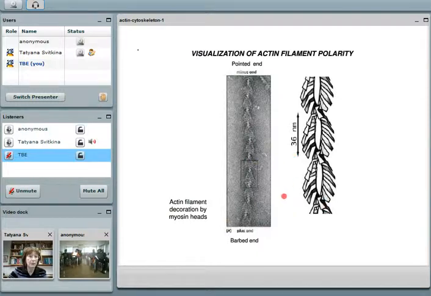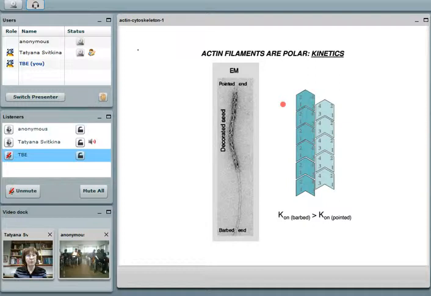And because of this morphology, these ends are called barbed end and pointed end for this arrowhead shape. So this is the structural polarity of actin. But in fact, there is also kinetic polarity. And this can be seen using this arrowhead-decorated actin filaments with arrowhead pattern.